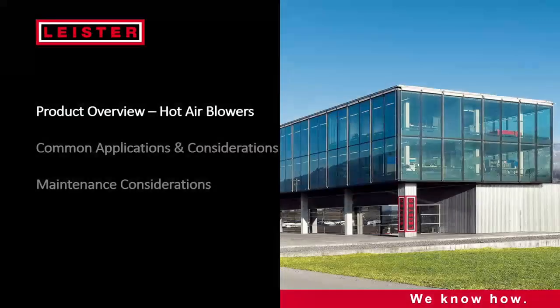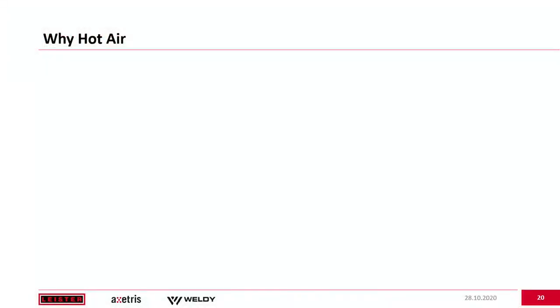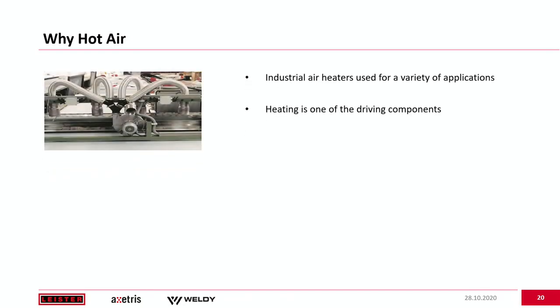So before we dive into the product overview, let's talk a little bit about why hot air. Hot air is used for a variety of different manufacturing applications to produce some of the products that we use in our daily lives. Think about your trip to the grocery store and look at the bottled beverages on the shelves.